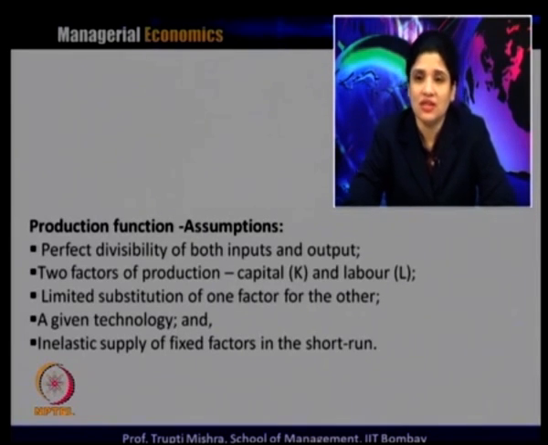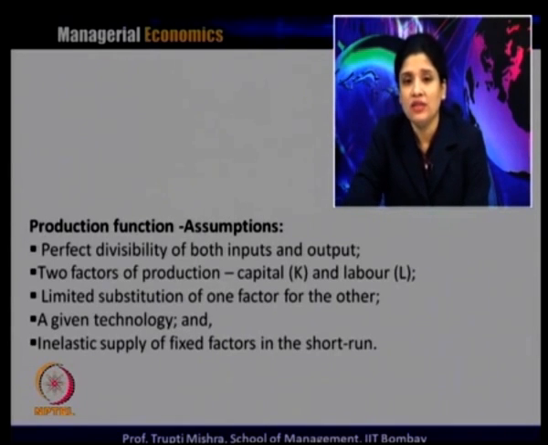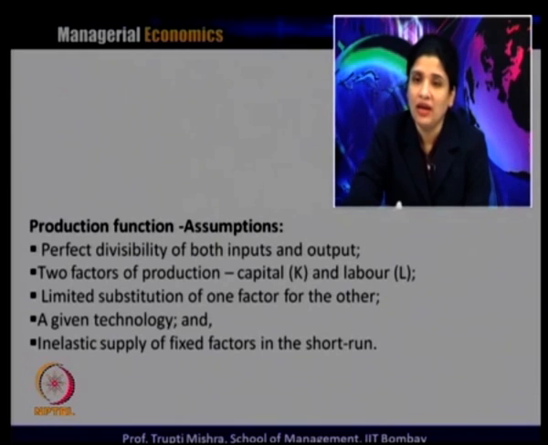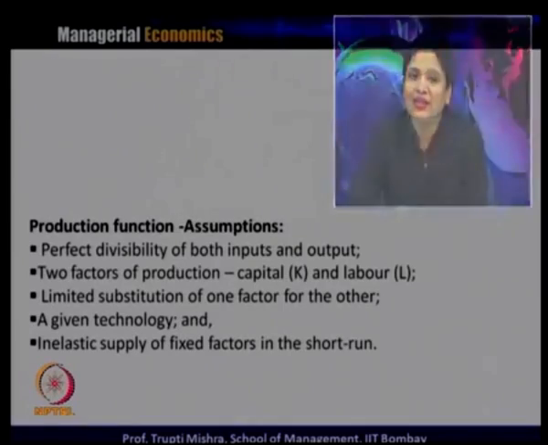In the specific case of two inputs, generally capital is fixed and has inelastic supply, and whenever there is a need to increase the production output, generally labor gets changed, because there is an inelastic supply of the fixed factor in the short run. In the economics literature, two main types of production function are used.